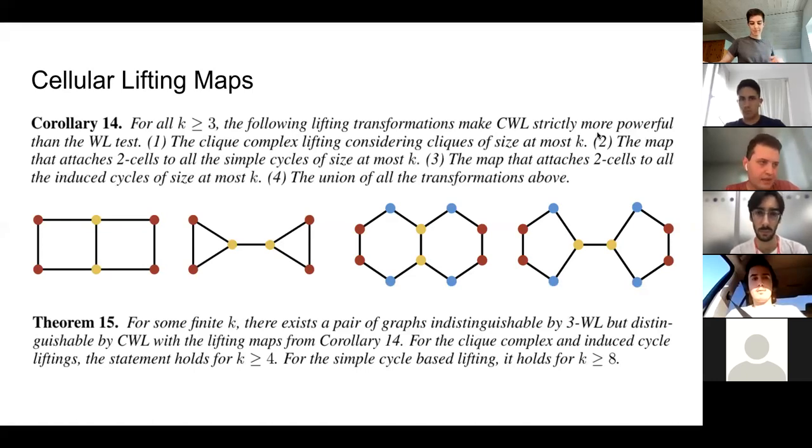We have some results in lower dimensions. Theorem 15 here is one example where a 3WL GNN, which is as powerful as 3WL, will not be able to distinguish the pair that this theorem mentions, but CWL and also the message passing procedures you're going to see soon will be able to.